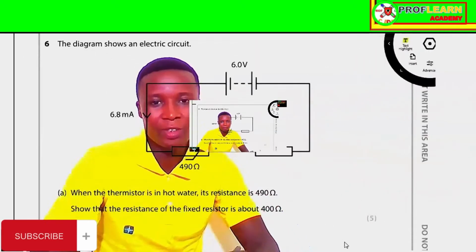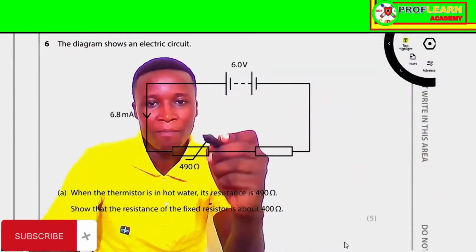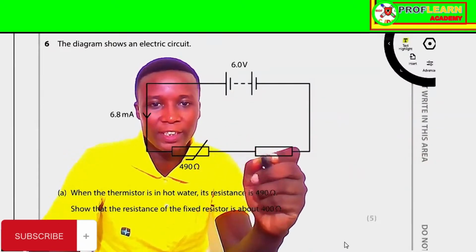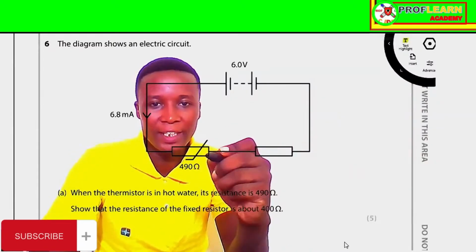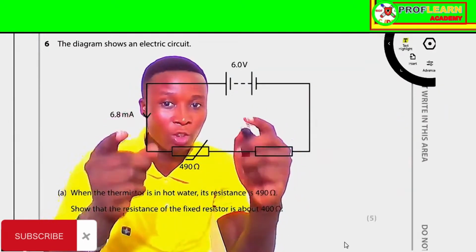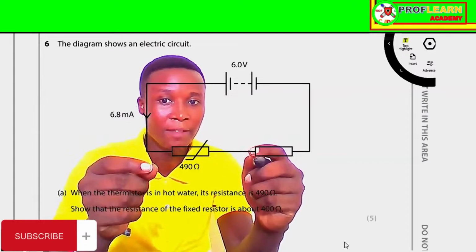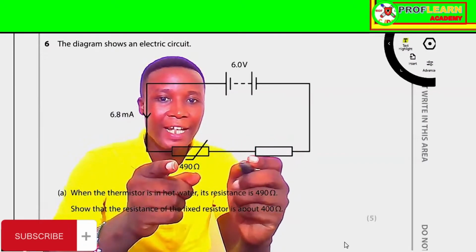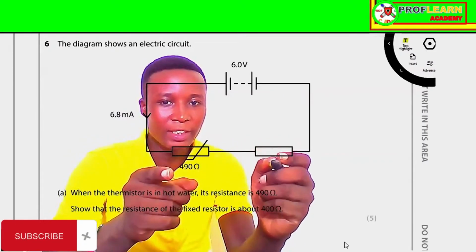In order to work out this question, what you need to understand is that these 2 resistors are connected in series. And when 2 resistors are in series, the effective resistance, or the total resistance in that circuit, is obtained by finding the sum of each individual resistor.